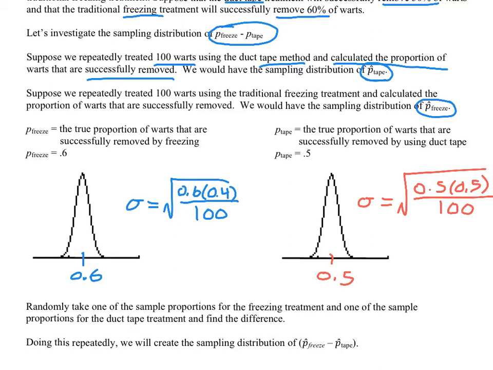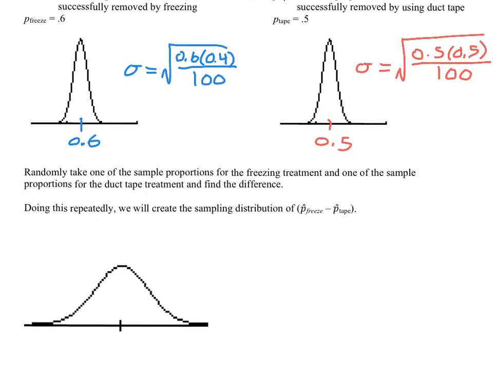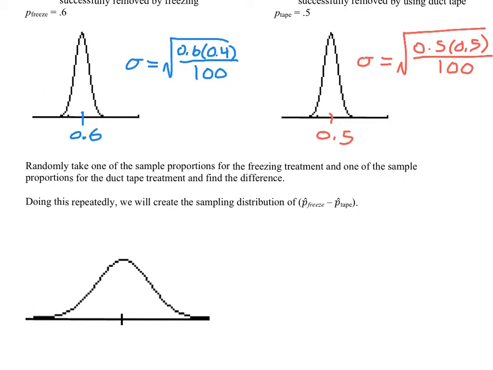What we're doing today is finding the difference between those two proportions. So we're going to randomly take one proportion from the freezing treatment and one proportion from the duct tape method. If we did that repeatedly, then we'd have the sampling distribution for p-hat freeze minus p-hat tape.